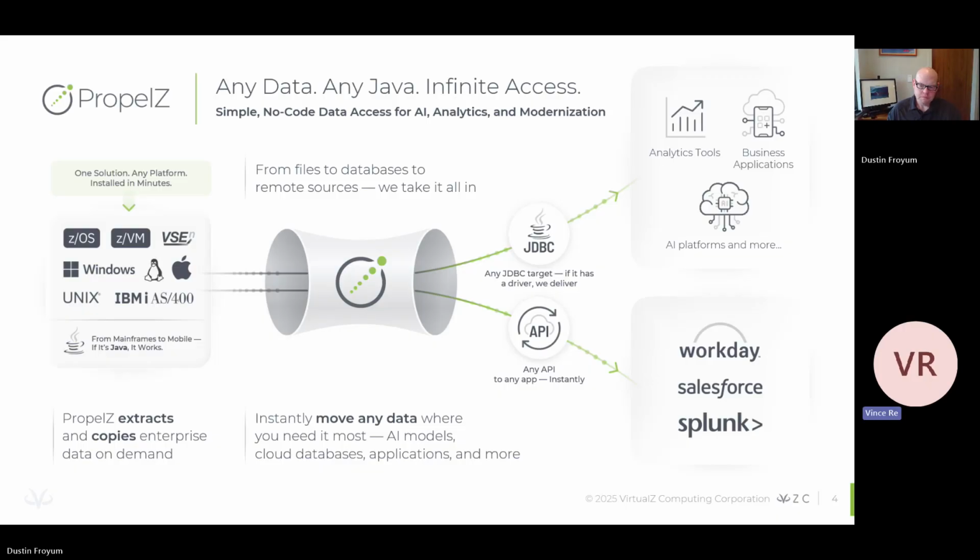So maybe what I'm going to push into my AI system gets sanitized, and it's just certain columns out of that data. Maybe I migrated some app to some other platform, it's running in the cloud, and it does need all of that data. I can absolutely do that in PropelZ. I can have different views of the same data depending on what the security needs of the target are.